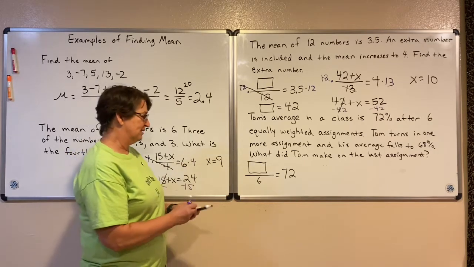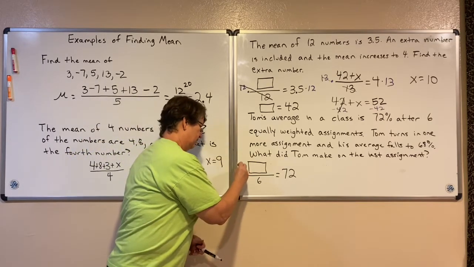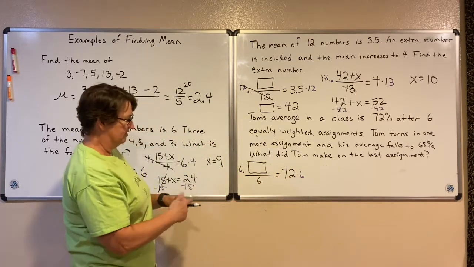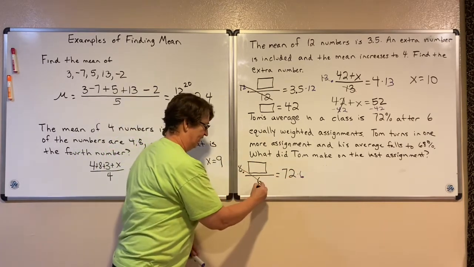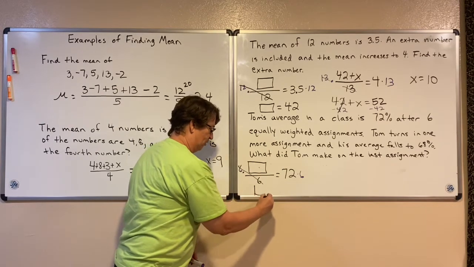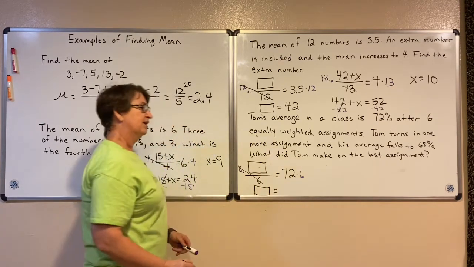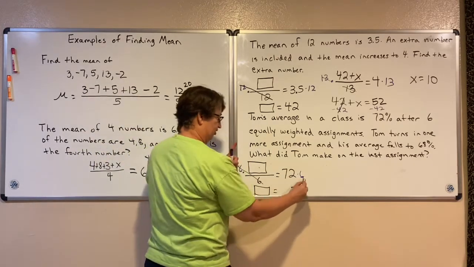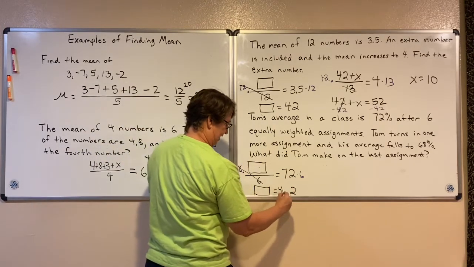Multiply both sides by 6 to get rid of the 6. Notice that 6 divided by 6 gives me 1 on that side. So I can find out what my box is equal to. 72 times 6, well, that's 12, carry a 1, 42, 43.